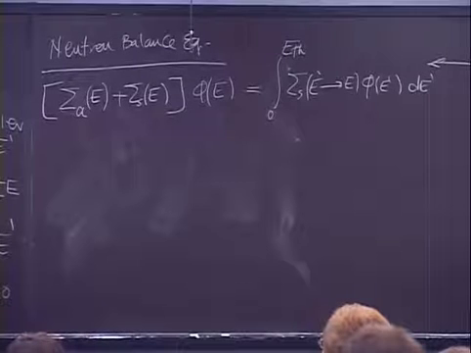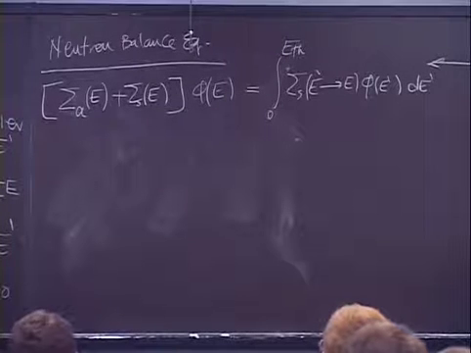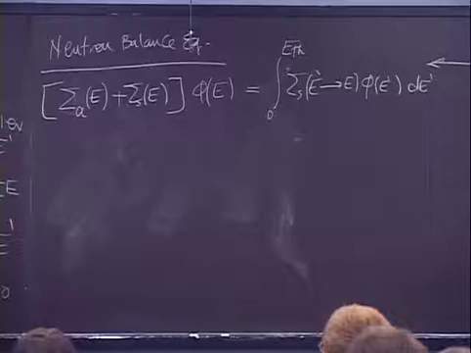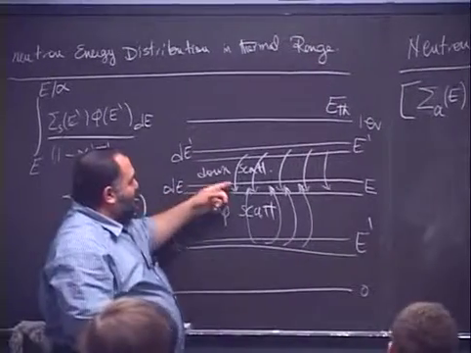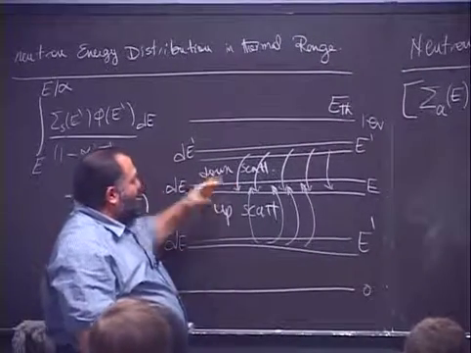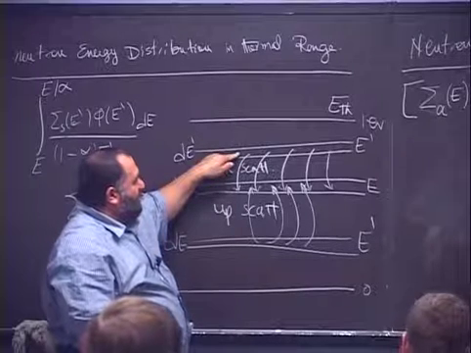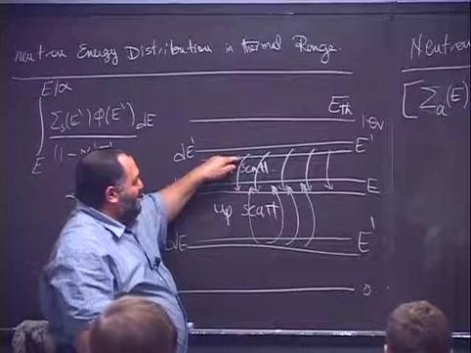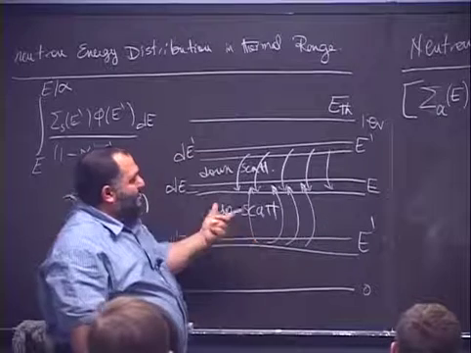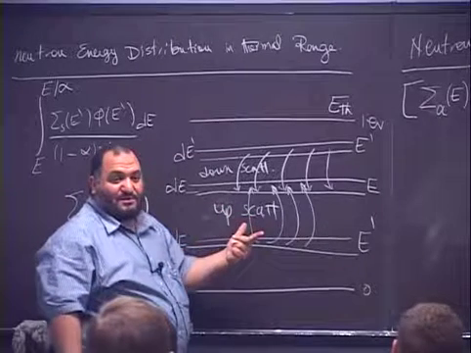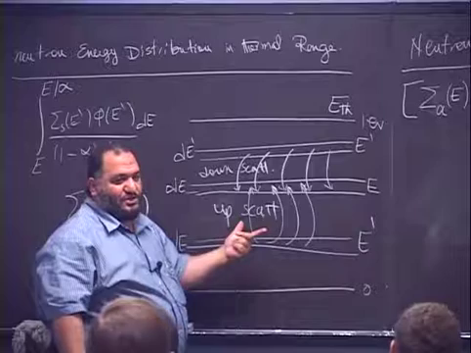But now I am missing another part. What's the other part? What's absorbed here plus what's scattered from here, these are the losses. The source is what's coming from energy E prime, whether it is up scattering or down scattering. But I am missing something else. Fission? No, there is no fission at this energy.